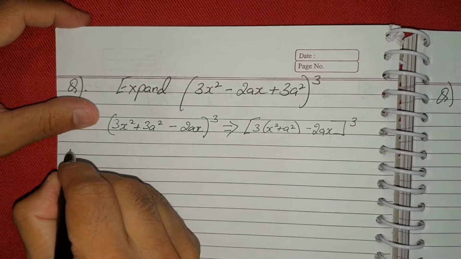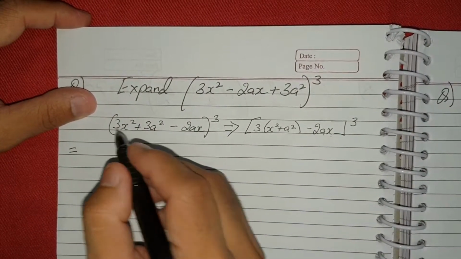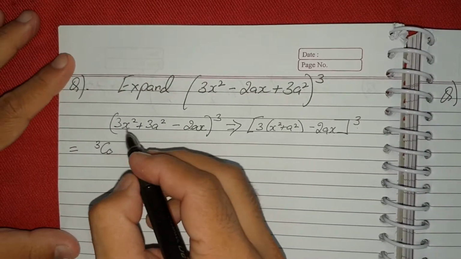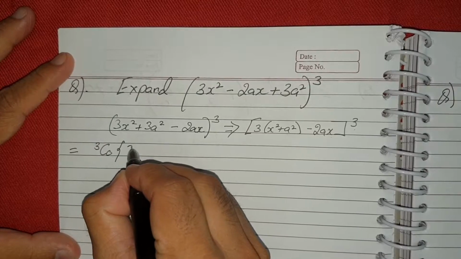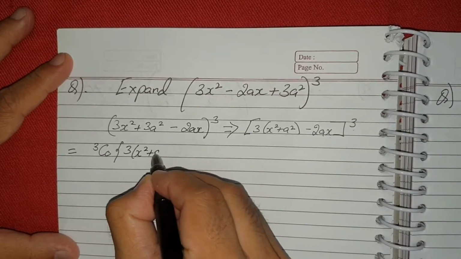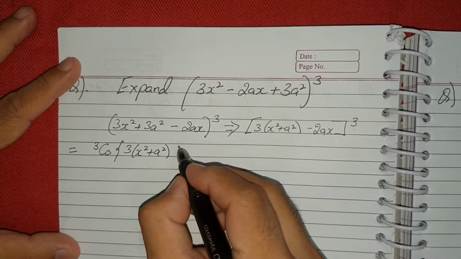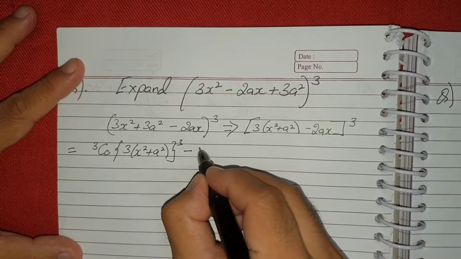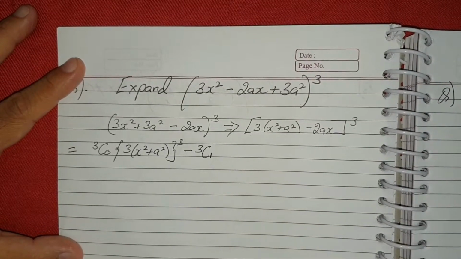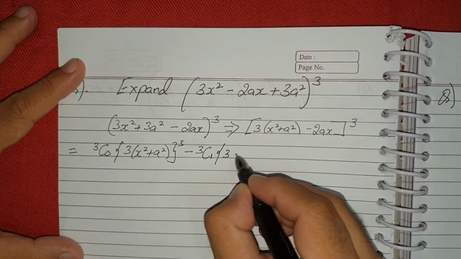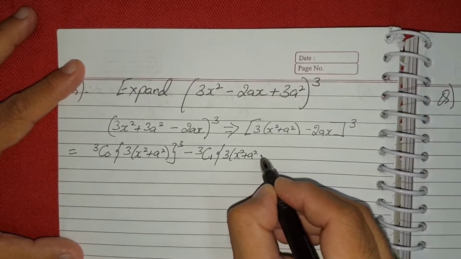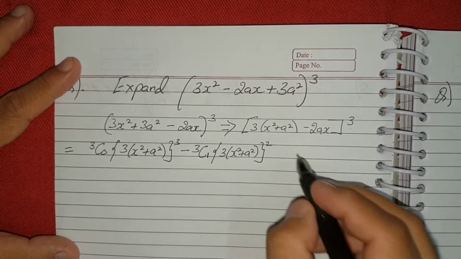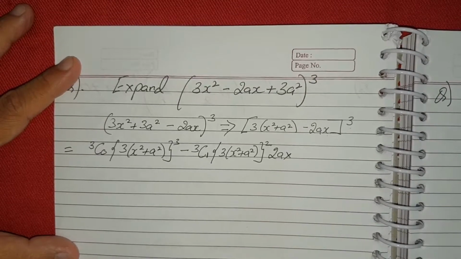Okay, so let us start. This is to the power 3. So, 3c0, this is 3(x square plus a square) whole cube, minus 3c1, this is 3(x square plus a square) to the power 2 into 2ax.